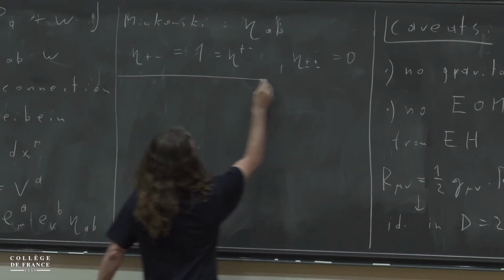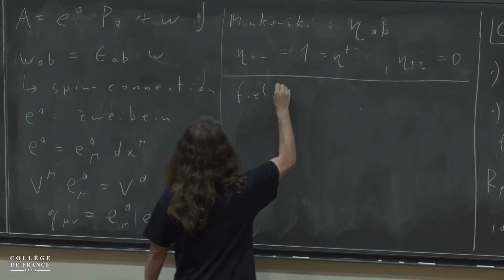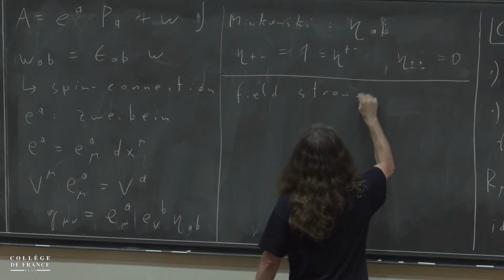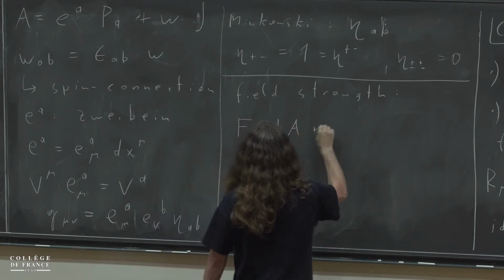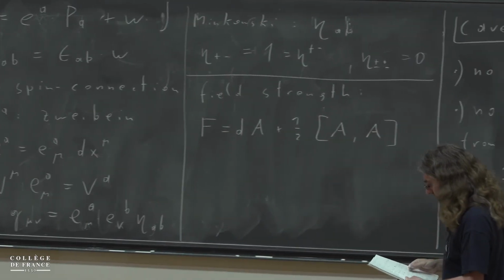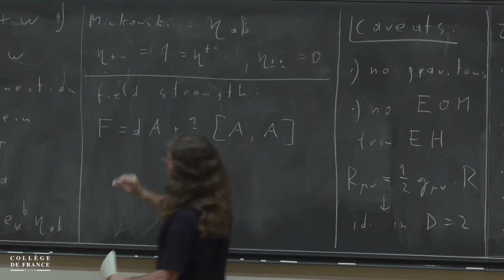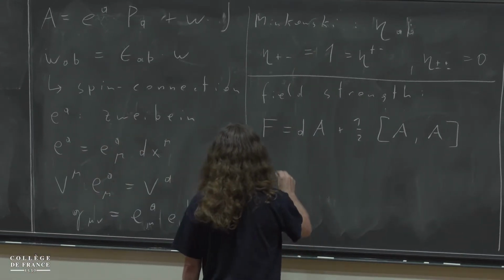And now that we have this connection A, we can consider the non-abelian field strength, which is constructed in the usual way. It's dA plus 1/2 commutator A with A. And if we just insert and use this SL2 algebra, we get the following terms.